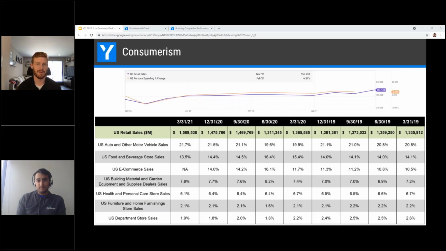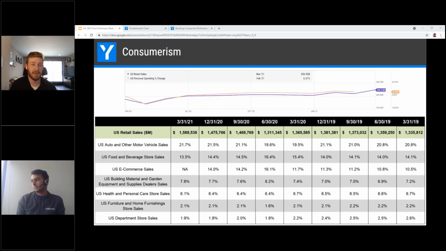So this slide gets a little bit more specific about exactly where Americans are spending their money and their stimulus checks, their stimmy checks, if you will. And this first green row on our table, U.S. retail sales, in the units of millions of dollars, shows that number has been increasing somewhat consistently over the last couple of years, which is good to see, and a slight disruption in 2020 due to COVID-19, obviously.